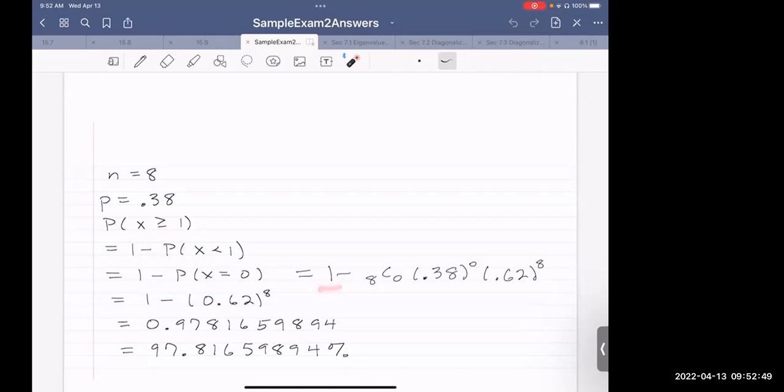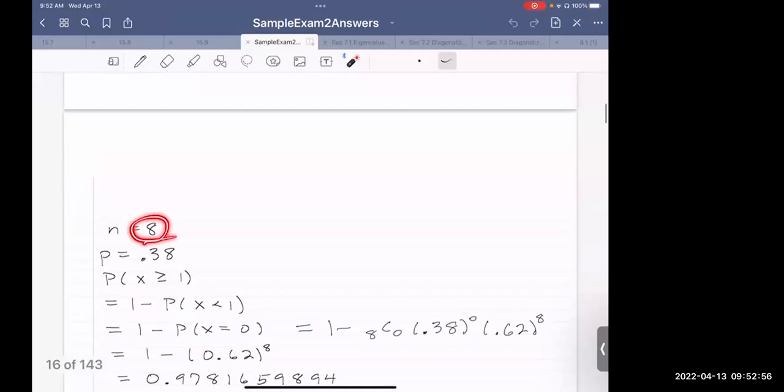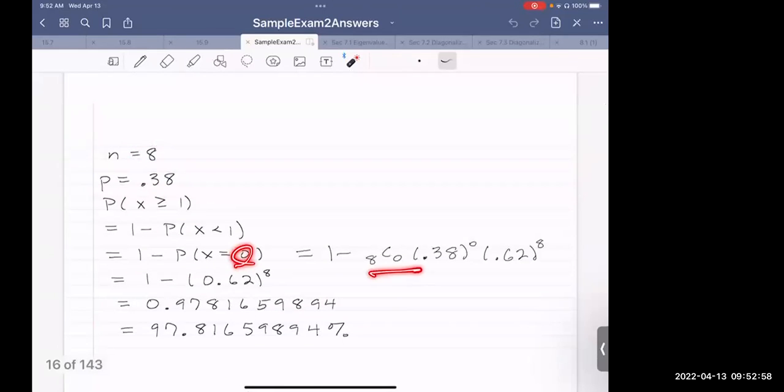I'll use the binomial probability formula: 8C0, 0.38 to the 0. If I have a 38% probability of success, I have a 62% chance of failure. So 0.62 to the power 8 minus 0, 8. And so 1 minus 0.62 to the 8th.